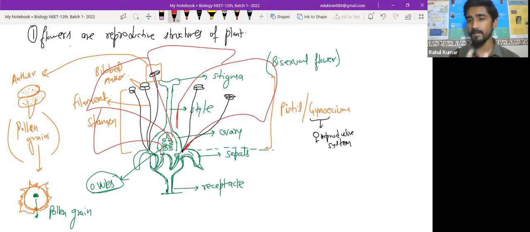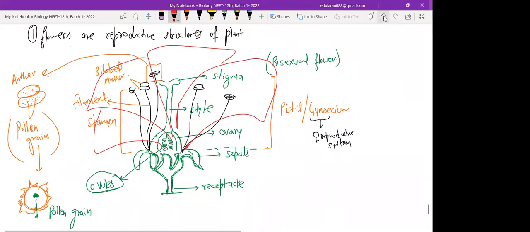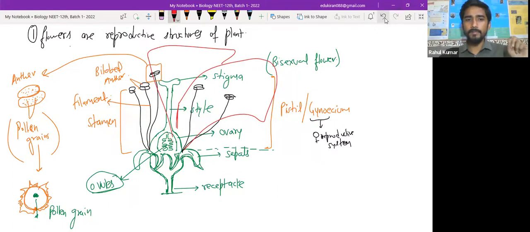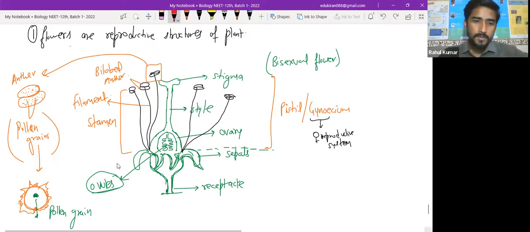If they are very bright red, by color, or if they are white, then by scent or the aroma that they have. Is it clear, everyone? I am removing the petal part for now, but you know where the petals are, right? I'm removing the petal part for some clarity that we are going to discuss. So this is the major part that we are going to discuss in sexual reproduction in plants.